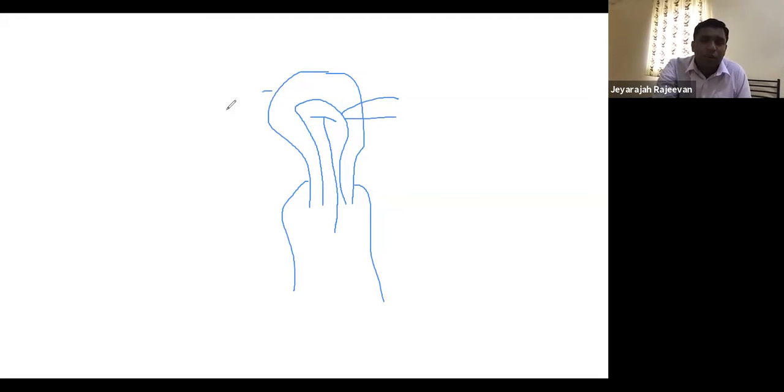As we know, the endometrial tissue should be inside the uterus, but it's abnormally present in the peritoneal cavity, in the fallopian tube, and in the ovary. So this is your endometrioma. Because of this abnormal endometrial tissue outside the cavity, what will happen?